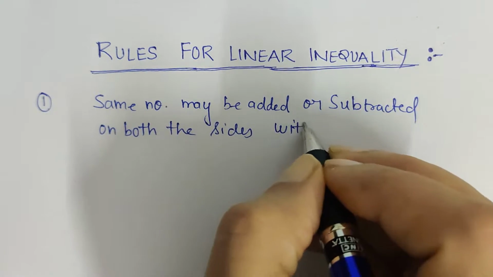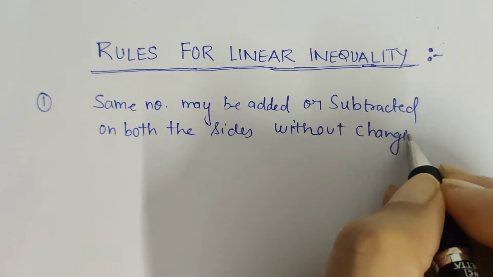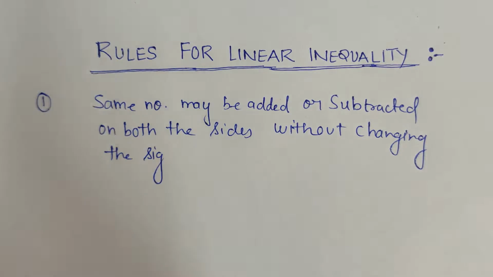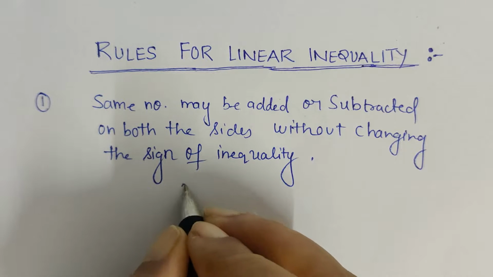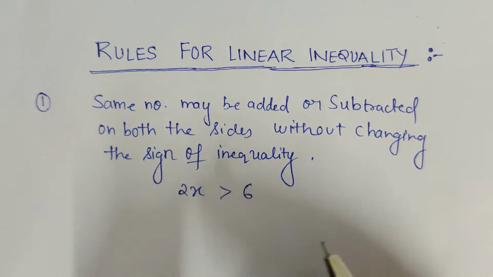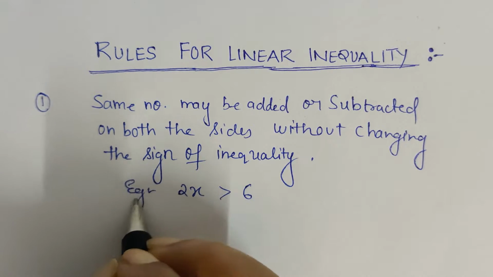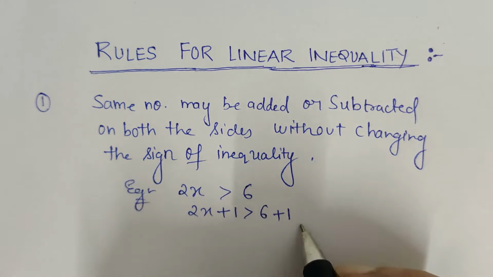Without changing the sign of inequality. Like if I have 2x greater than 6, and I want some changes to be done, for example, I can add 1 on both the sides. This can be done.